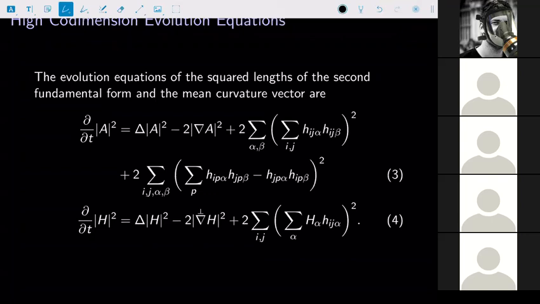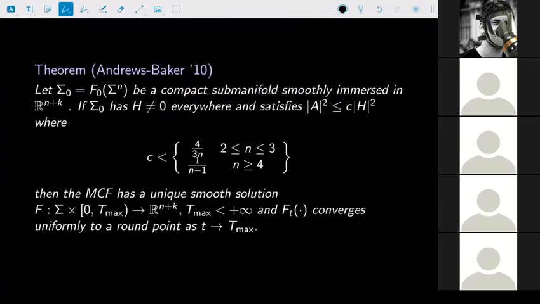In the evolution equation for A squared and H squared, you have a Laplacian term, and here you have a Laplacian term for H squared as well. What we're looking for is a condition that replaces convexity, but in high codimension. And it turns out that a relationship between A squared and H squared is the correct condition to replace convexity in high codimension.